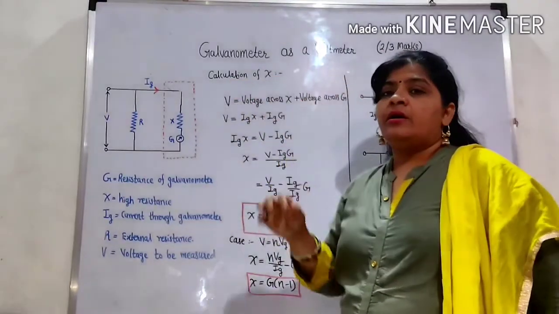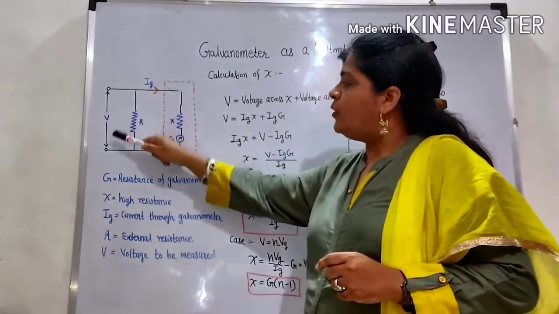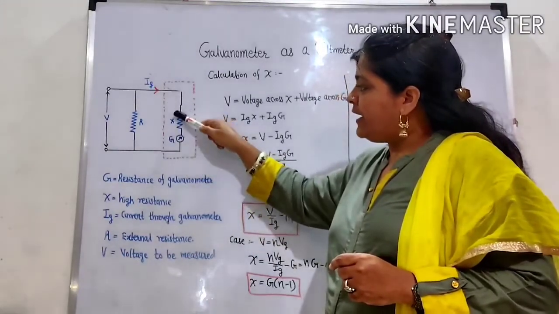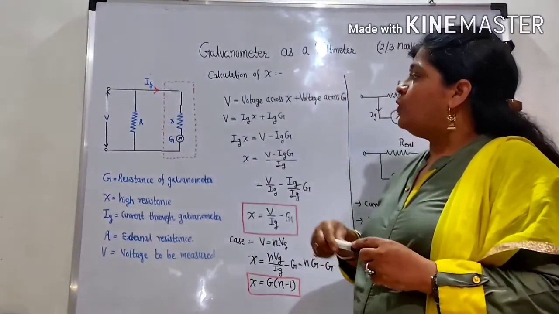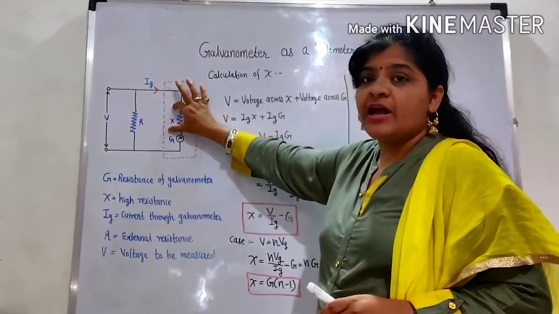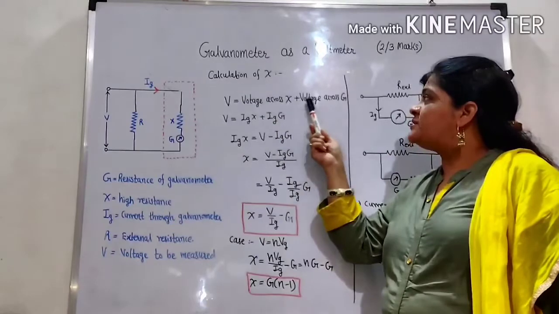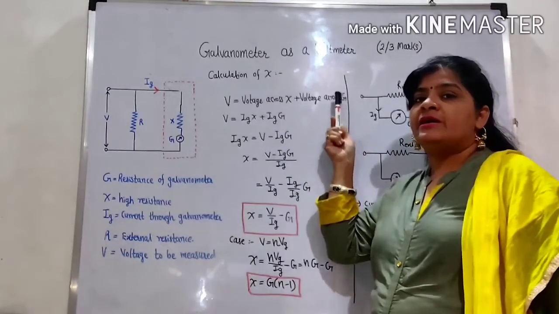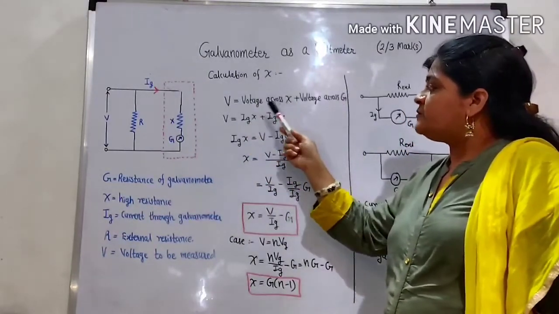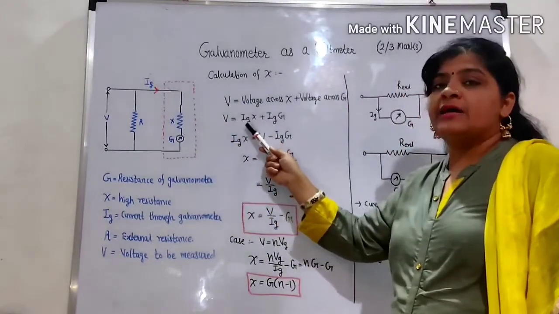For the calculation of the formula for the high resistance, the actual voltage to be measured across R, that is across these two terminals, means voltage V, is equal to the voltage across G and the voltage across X. Therefore V is equal to voltage across X plus voltage across G. G means the resistance of the galvanometer. The voltage across X is the current flowing through X, and the current flowing through G is common, that is Ig.